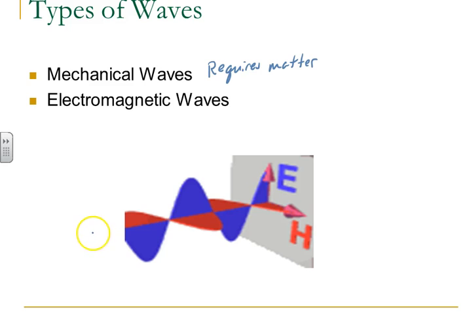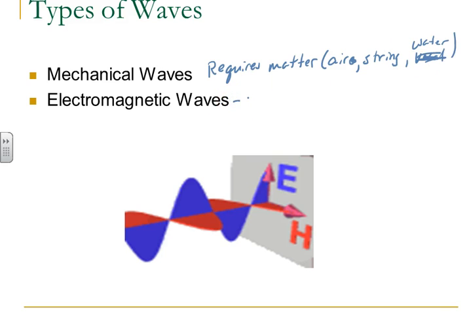When I say it requires matter, that means that in order for it to move through space from point A to point B, there has to be something there to carry it. So this matter could be air, if we're talking about sound. It could be a string, if we're talking about a guitar. It could be a vocal cord. Actually, that would just be air. It could be water, which would be, of course, water like waves on the ocean.